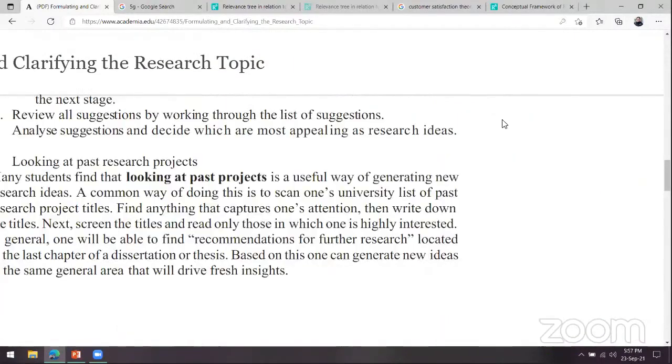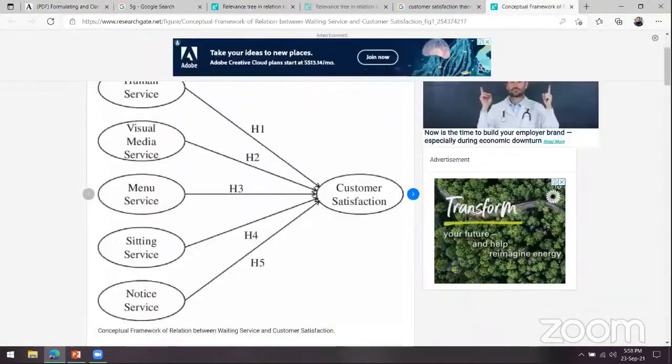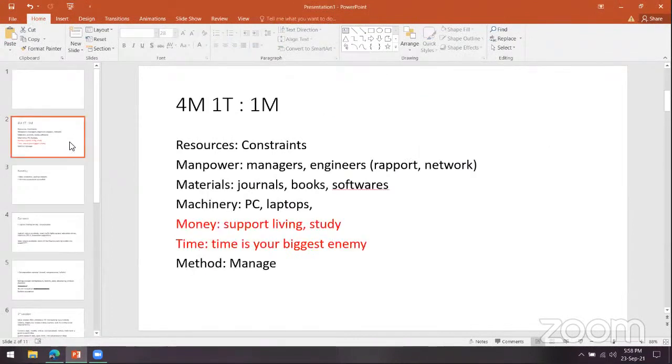Okay, so to conclude what we have done so far. In the first session, I mentioned to you that, remember, along the process there's always 4M1T, which is resources or constraints. It is the flip side of the coin. If you never manage it properly, it will be a challenge for you.